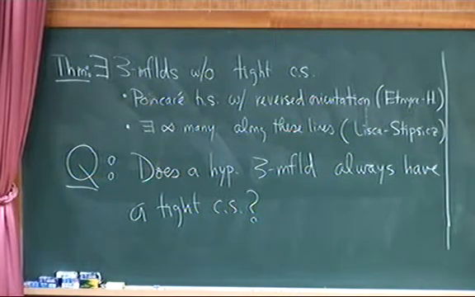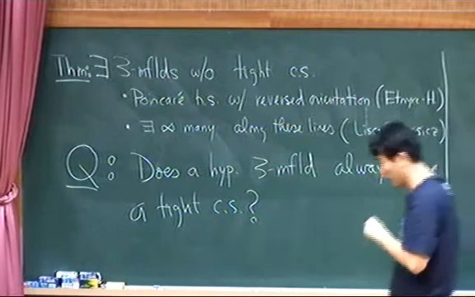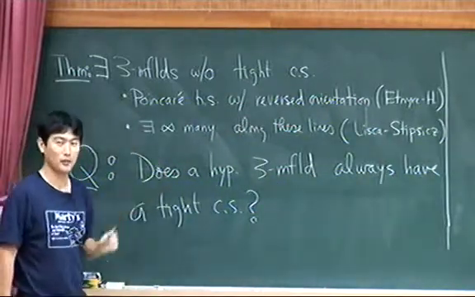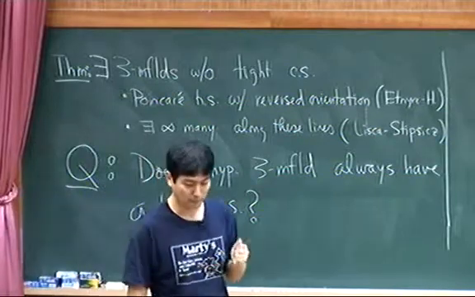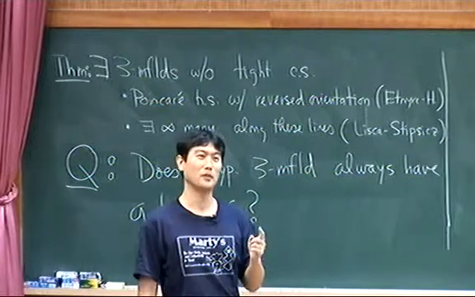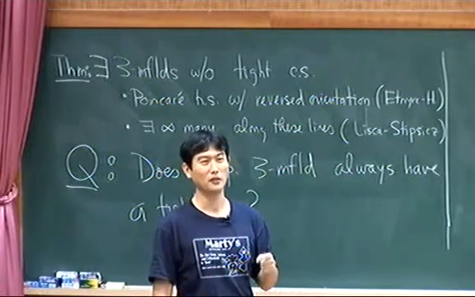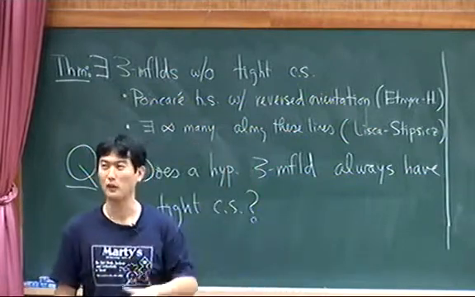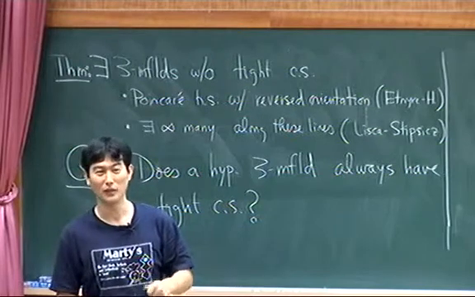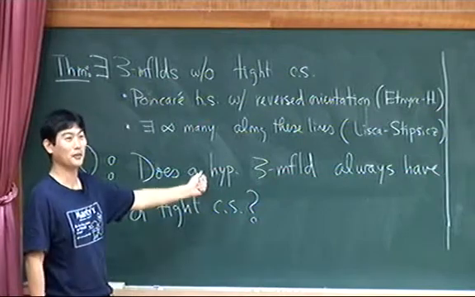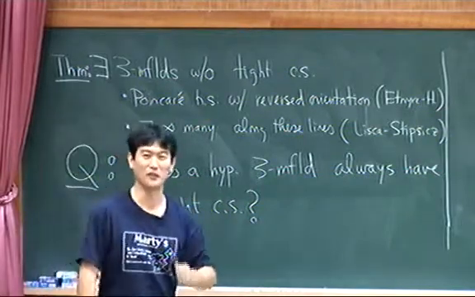But actually, the answer to this question is really tricky. One way of constructing a tight contact structure is by finding a taut foliation on the three-manifold and perturbing it into a tight contact structure. There are many manifolds which are known now which are hyperbolic and have no taut foliation, so you're not supposed to use this strategy.